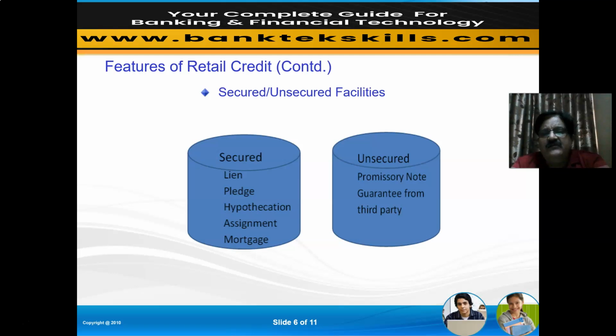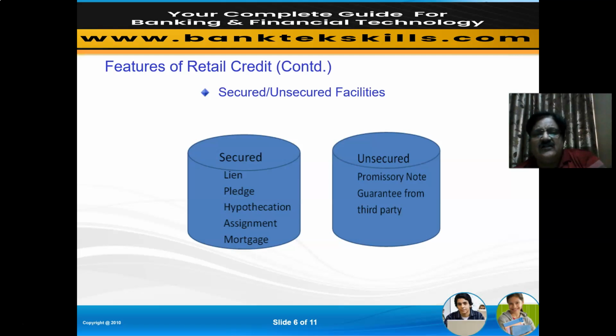And mortgage is when we give a home loan or LAP, loan against property. We keep the original papers, the whole chain, with the bank, and we have an undertaking from the customer that he has deposited all the papers of his own will. In case a customer does not repay our loan, we can sell that property as a banker and recover our dues.